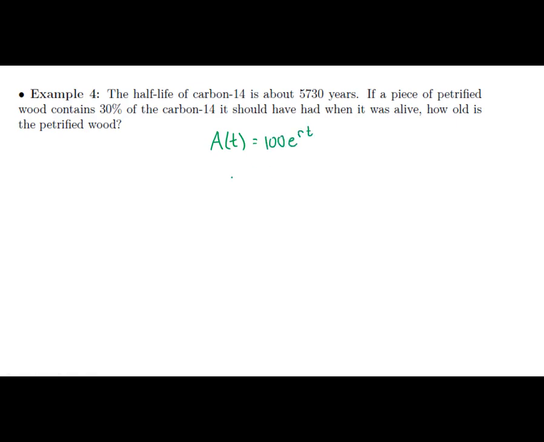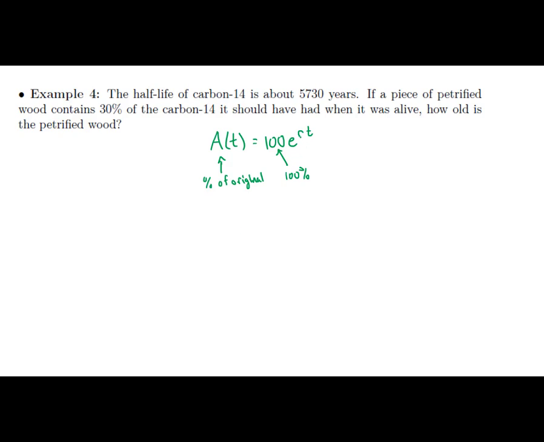Okay, what's 100 all about? So A of t is going to be the percent of original substance left. And so, of course, 100 would be the initial percentage, which would be 100%. Okay, because they're talking about things in terms of percents here. So this is going to be the form of my equation.